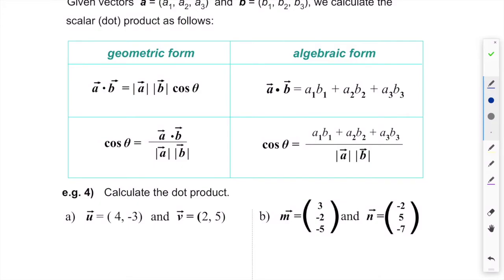The algebraic form of a dot b is to multiply the x components of the 2 vectors, plus the y components multiplied together, plus the z components multiplied together. Then if you sub this expression into the calculation of cosine theta, you replace a dot b with a1b1 plus a2b2 plus a3b3 over the magnitude of a times the magnitude of b.